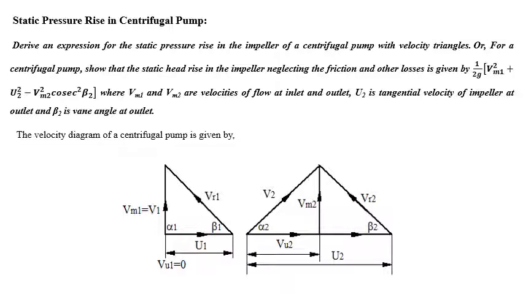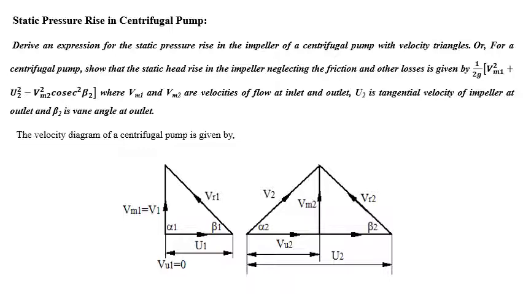In the inlet velocity triangle, alpha 1 is equal to 90 degrees. That means the inlet of the water is taking place in a radial direction. For that, V1 is equal to Vf1 or Vm1. Because of the radial inlet, Vu1 is equal to 0 at inlet.